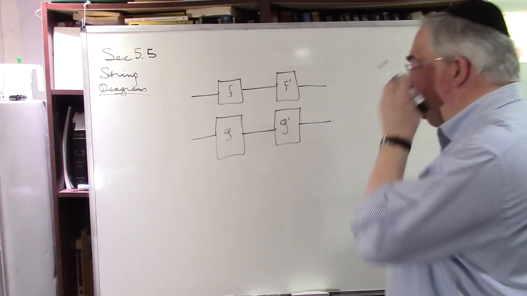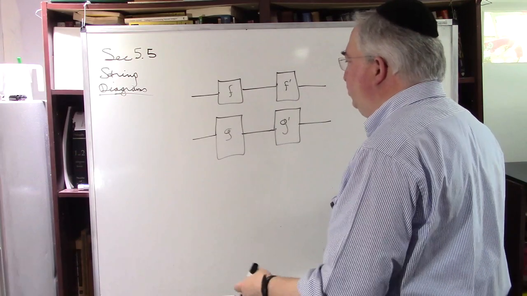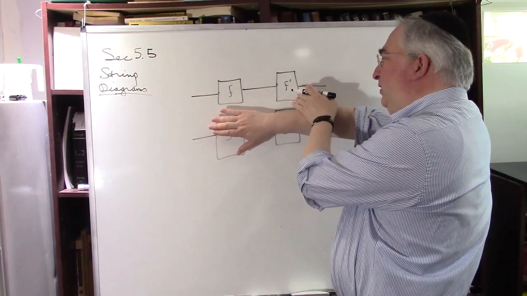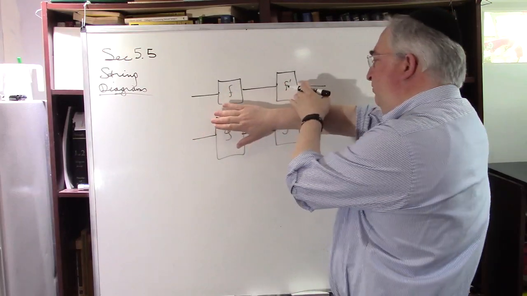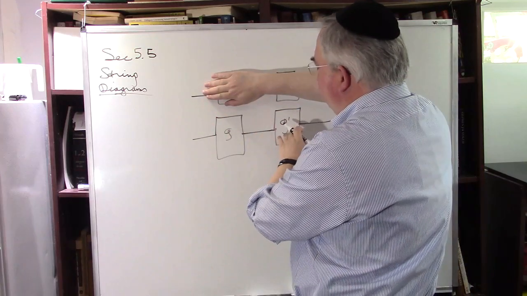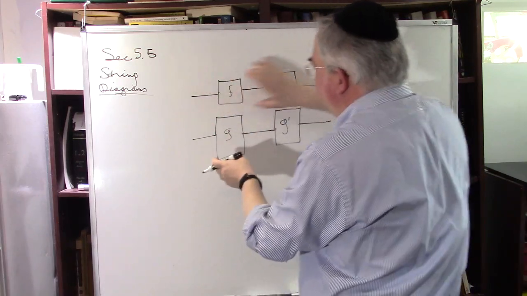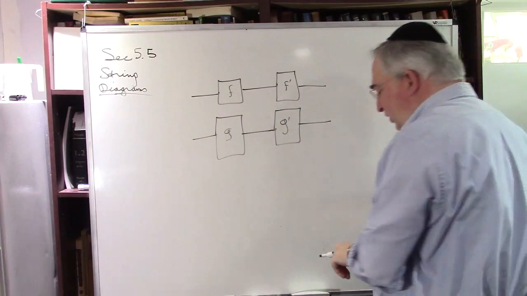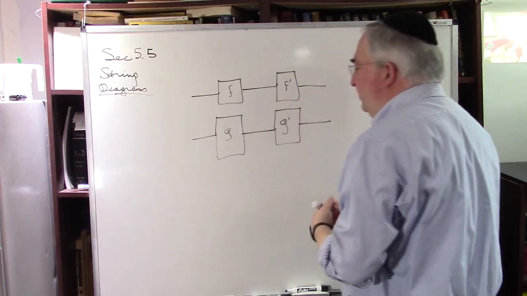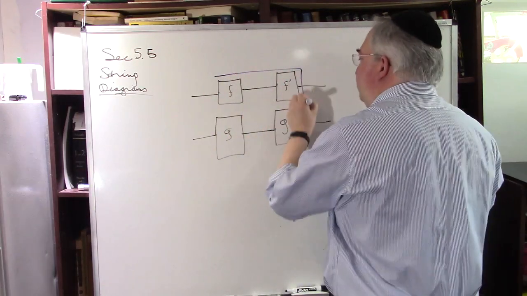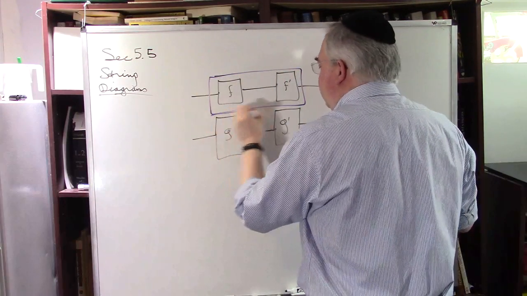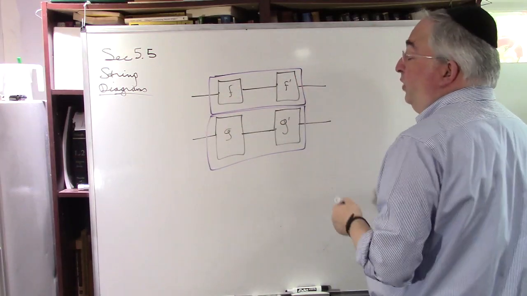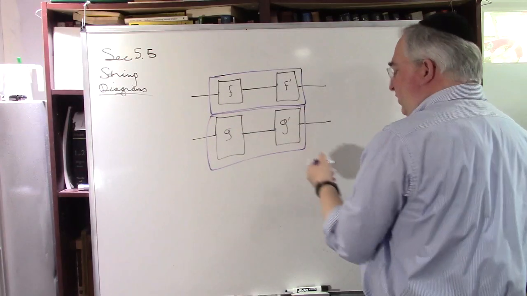And we talked about this a few times, and it's very important. Close this off, F sequential with F prime, and G sequential with G prime, and you're doing this sequential operation in parallel with this sequential operation. So you might draw this like this. These two are important. And you're doing one operation parallel with another.